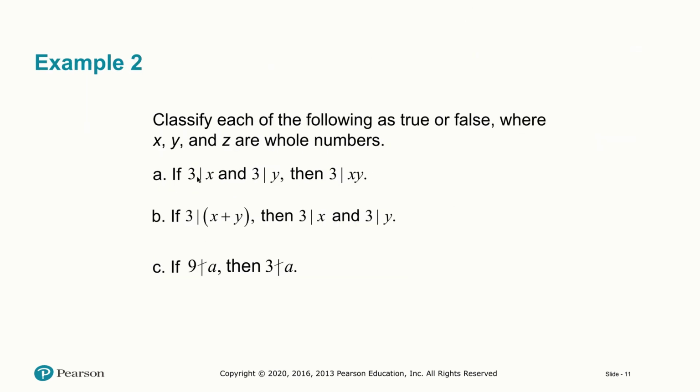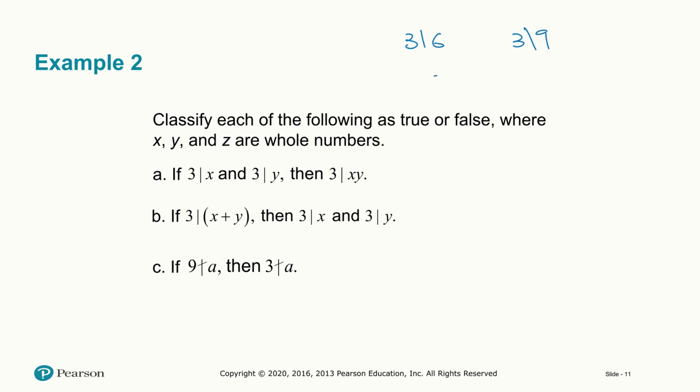All right, so let's see if these are true. These statements we're going to classify as true or false. If 3 divides x and 3 divides y, does 3 divide the product? Yeah, that's actually much simpler to establish than with the sum, right? So think about it. 3 divides 6 and 3 divides 9.